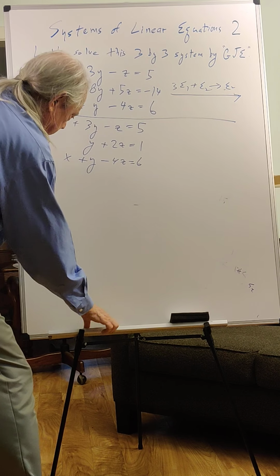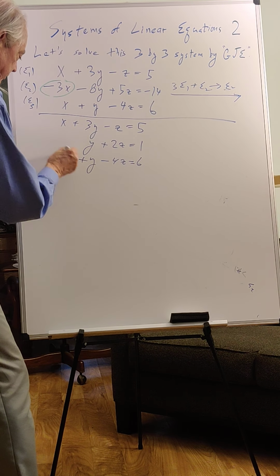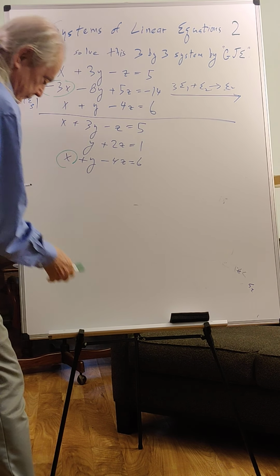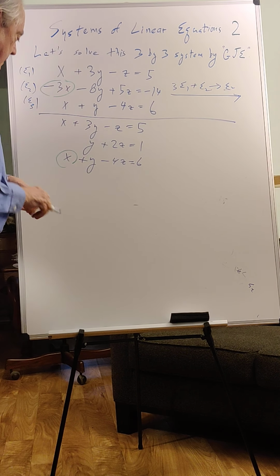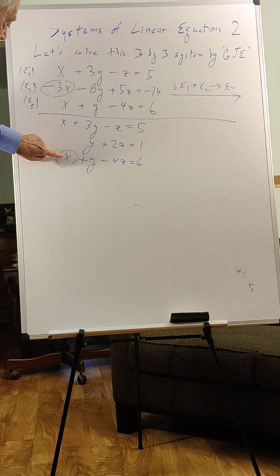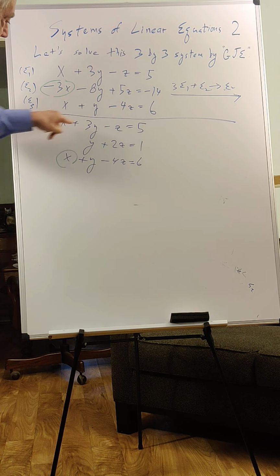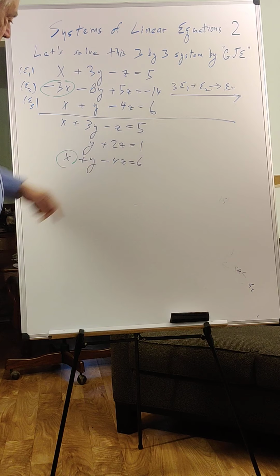So now we're going to get rid of this term. We want to add something to x to get 0. Well, that would be negative x, wouldn't it? x minus negative x is 0. We don't have negative x, we have plus x. So we're going to multiply by -1 and then add to this one.